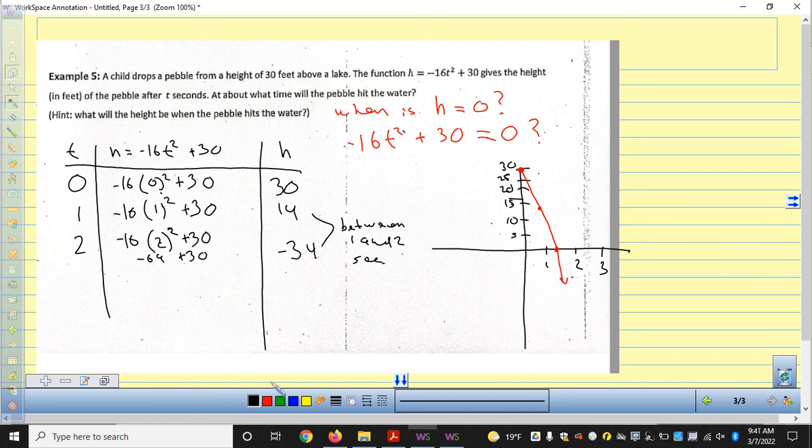Maybe 1.3, 1.4. So that would be a way that we can estimate when this pebble hits the water.